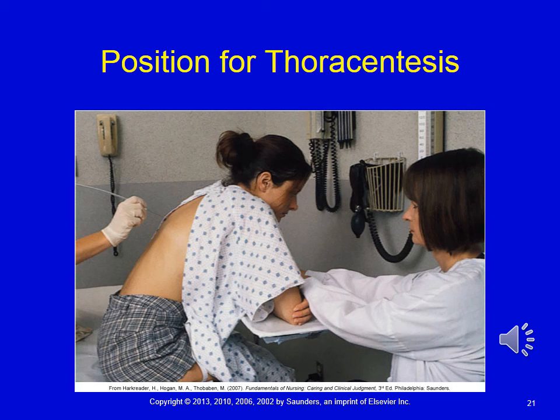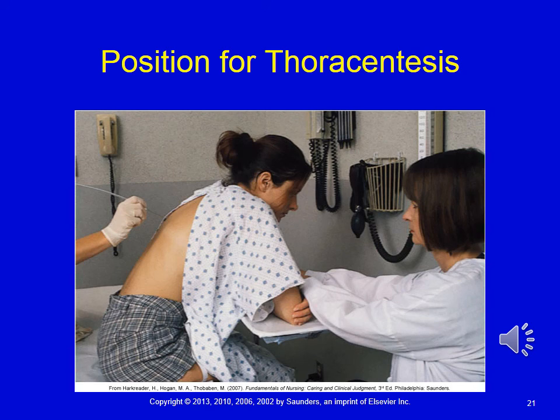To prevent re-expansion pulmonary edema, usually no more than 1,000 milliliters of fluid is removed at one time. If pleural biopsy is to be performed, a second larger needle with a cutting edge and a collecting chamber is used after the needle is withdrawn. Pressure is applied to the puncture site and a sterile dressing applied.